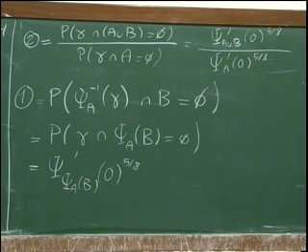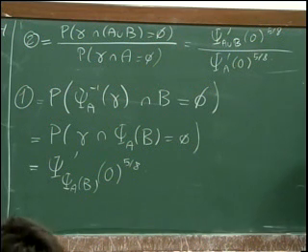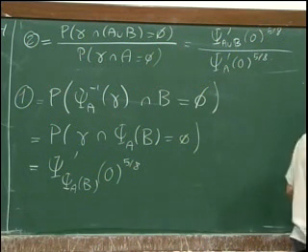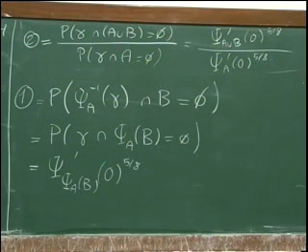So it does something like this. This is psi A union B. And 0, let's put 0 on the picture, assume it's in between. It doesn't really matter where it is. It is fixed by everybody.